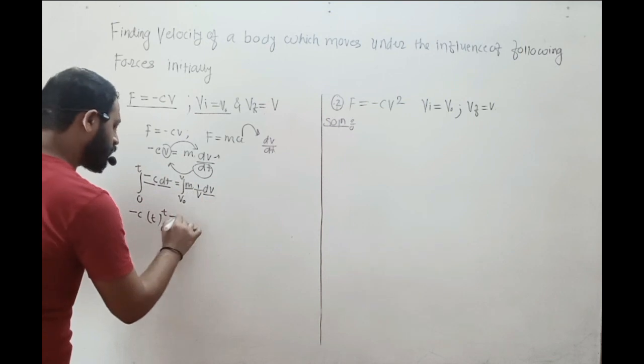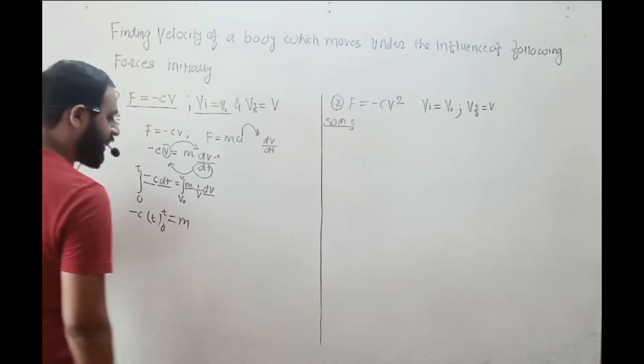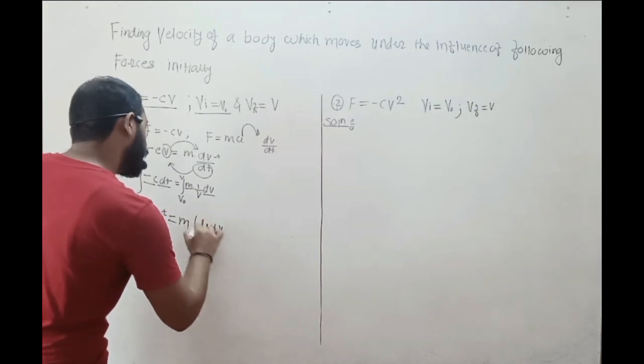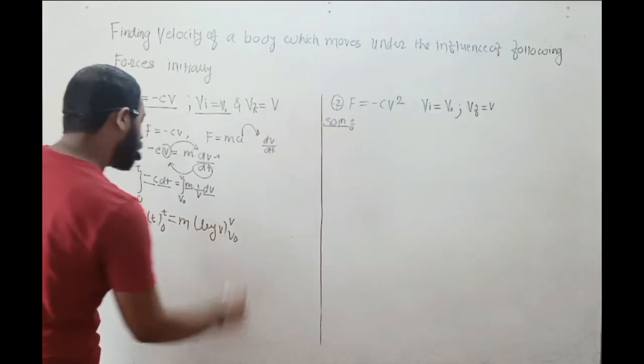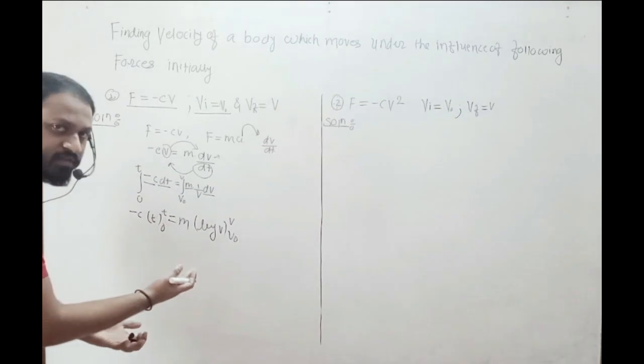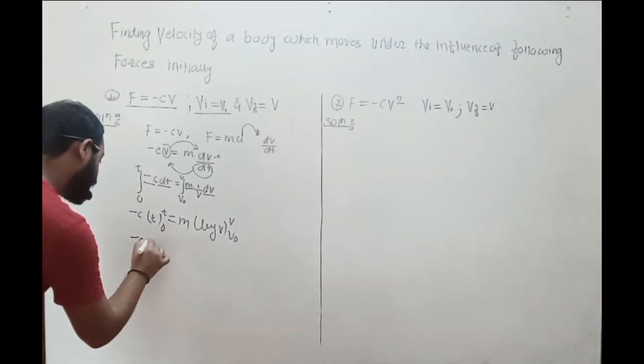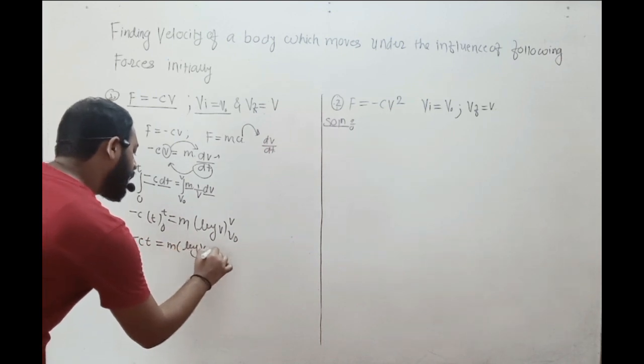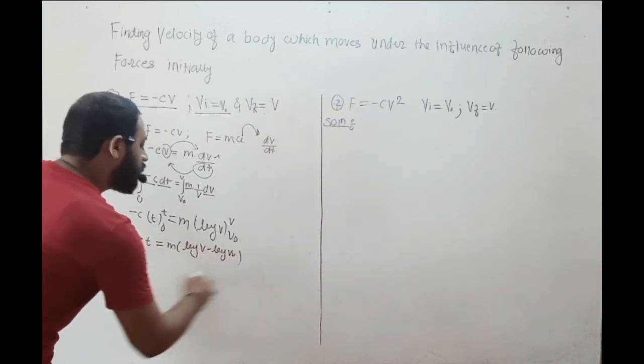Here m is also constant and the integral of 1 by v is nothing but log of v from v0 to v. Just rearrange and get the solution. Minus c into t equals m log of v minus log of v0.